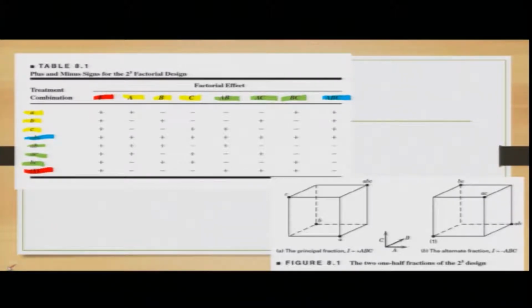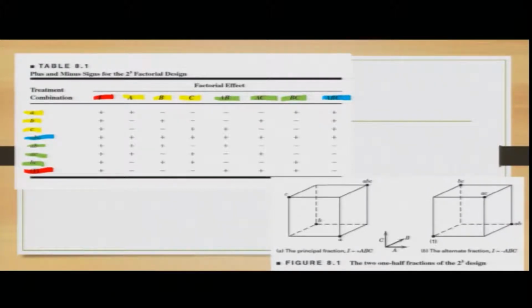Now I will use an orange pen color for the level of combination and try to find out the effects. When I am considering the effects of A, let us go one by one. Let us first negate one for which there is no effect.